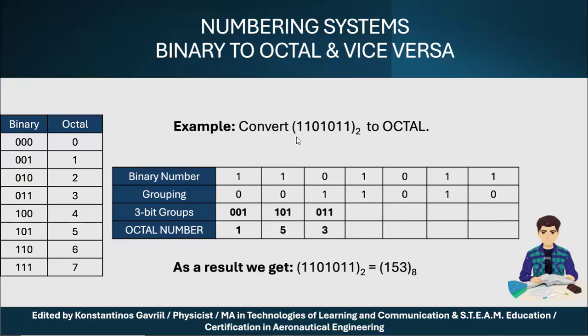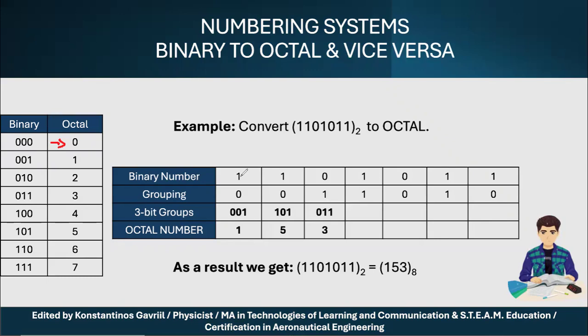In order to make this conversion, we are going to use this table that will help us. Each binary group of 3 digits will be represented by an octal digit.